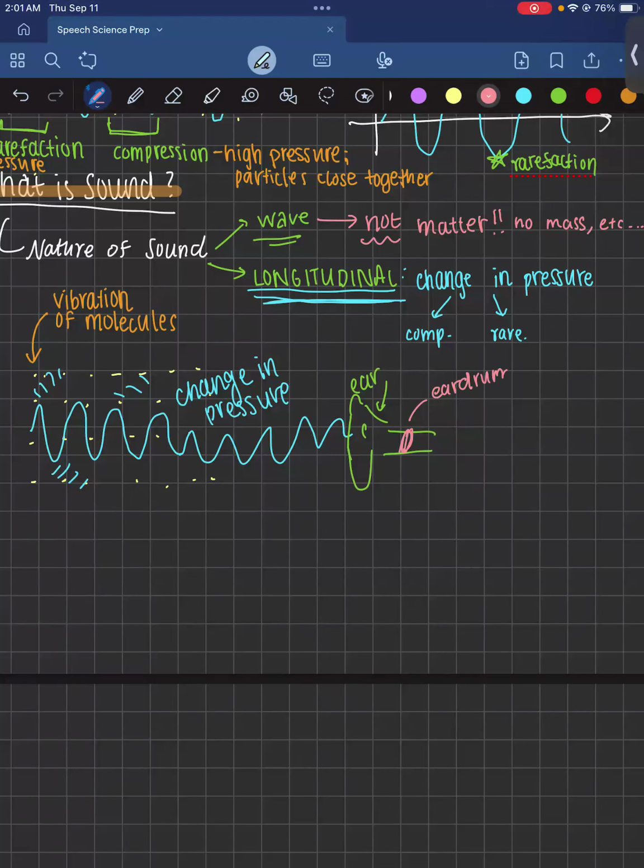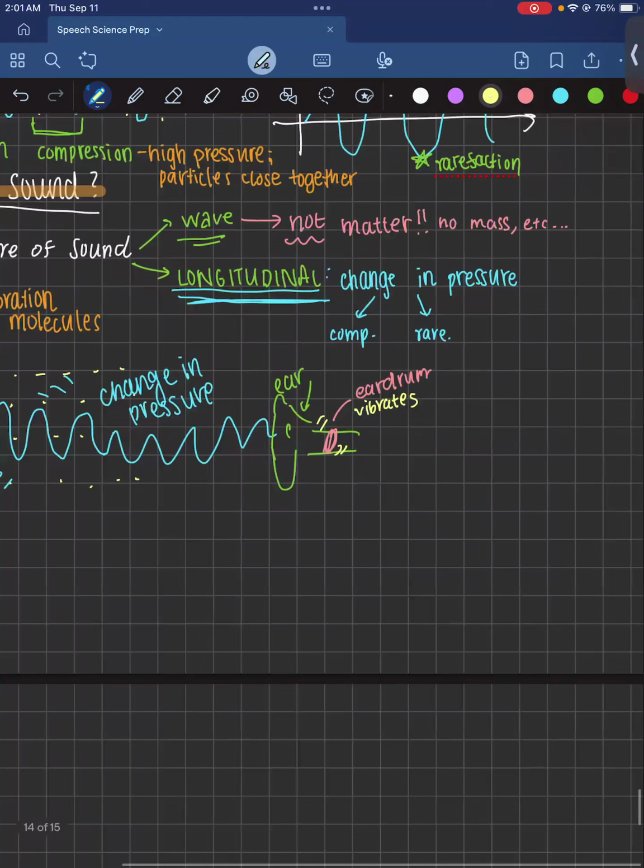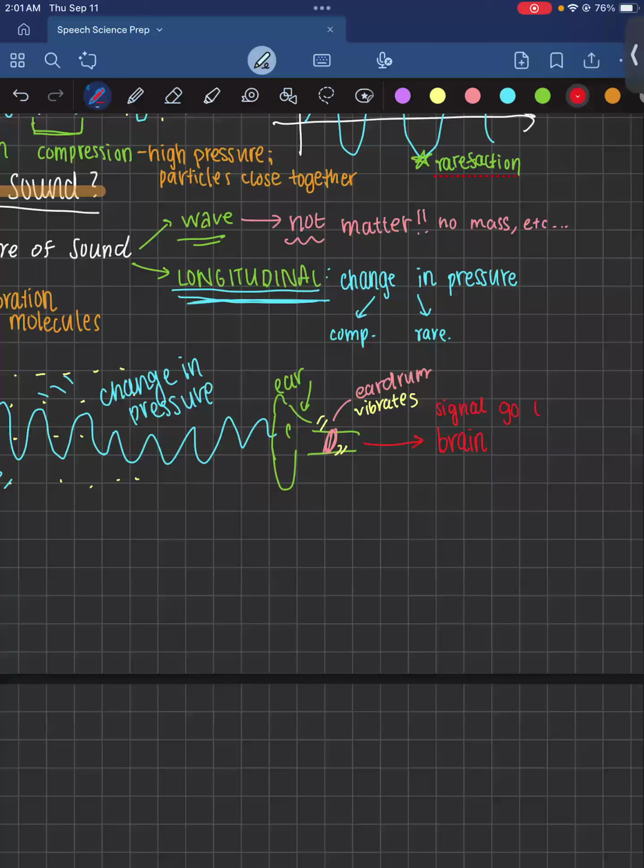When the sound reaches the ear and goes into the ear canal, it causes the tympanic membrane to vibrate. So the tympanic membrane or the eardrum will vibrate. And these signals essentially, and again, we'll talk more in detail about this, go to the brain, and the brain interprets or perceives it as sound.